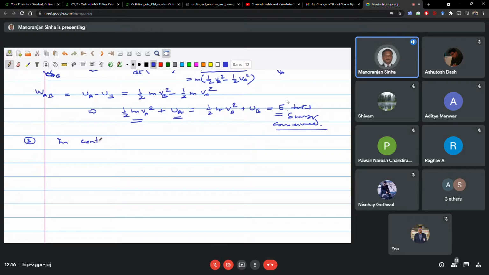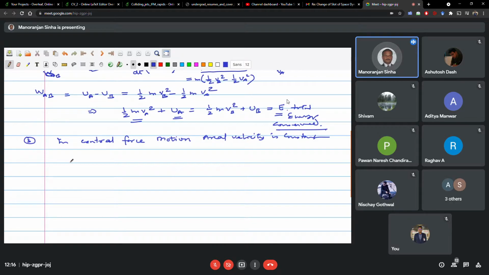The third property is that in the central force motion the areal velocity is constant. What does this mean? This implies that the rate of sweep of area is going to be a constant.